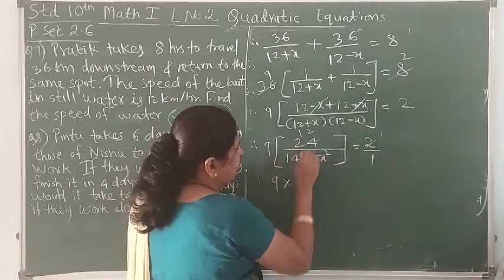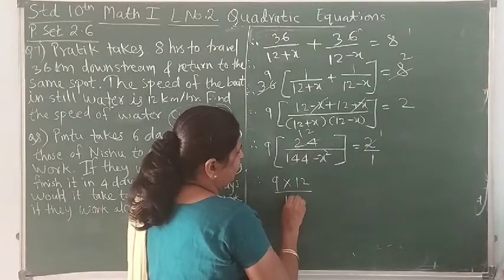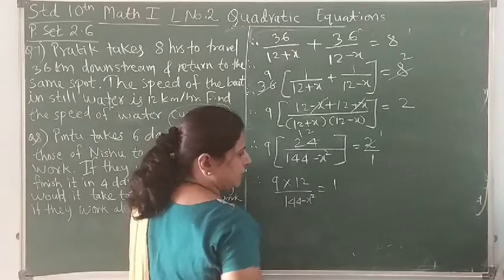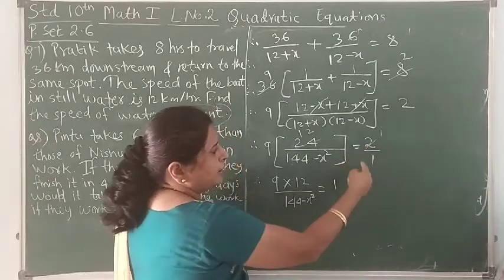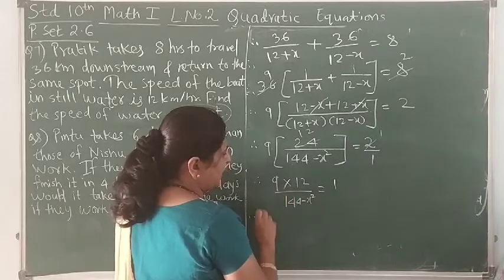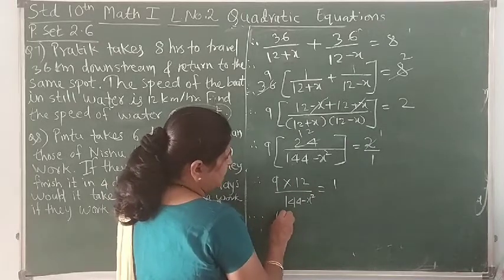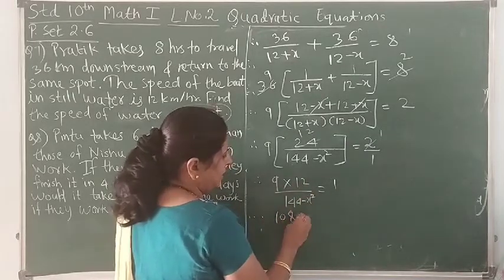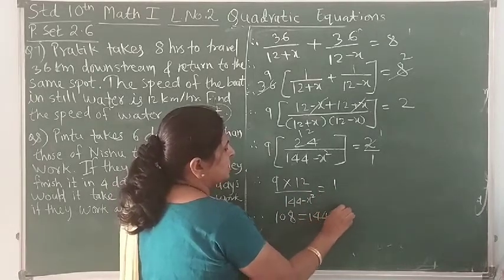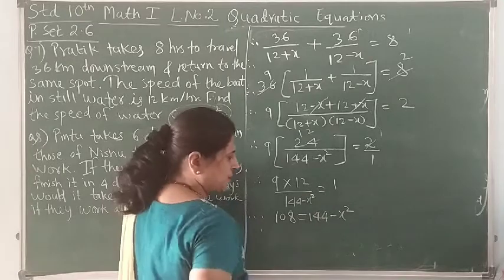So 9 into 12 upon 144 minus x squared is equal to 1. Take this on this side. 12 nines are 108. You can multiply as per your convenience. And here it is 144 minus x squared into 1, going to be the same.